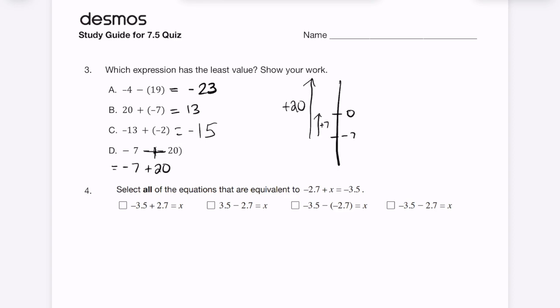I go up 7 to get to 0 and then up 13 to get to 13. So this is going to be positive 13. Cool. So now that I've done that, I see that A is the one with the least value. It's the most negative.